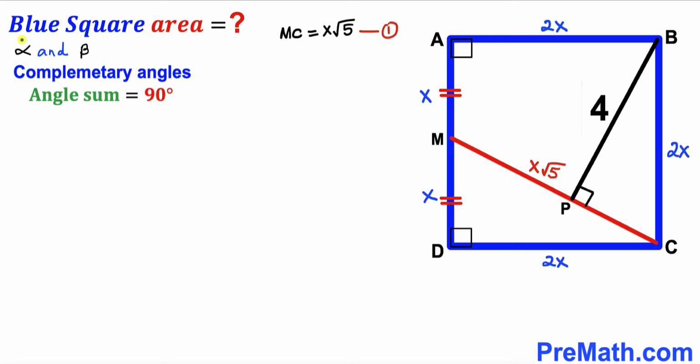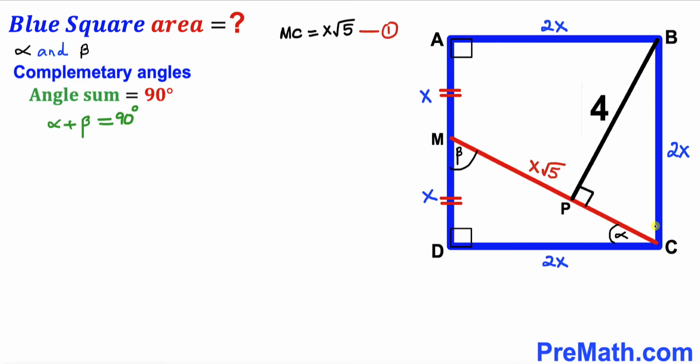And now let's assume that alpha and beta are our two complementary angles. In other words, the sum of these two angles, alpha plus beta, must be equal to 90 degrees. Let's assume that this angle is our angle alpha. We know this angle is 90 degrees. So this angle has got to be our angle beta.